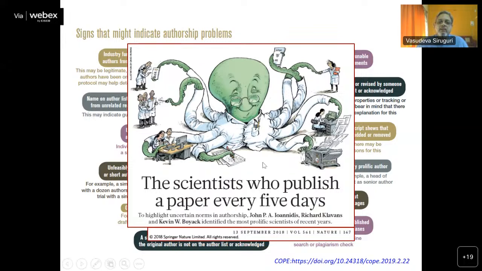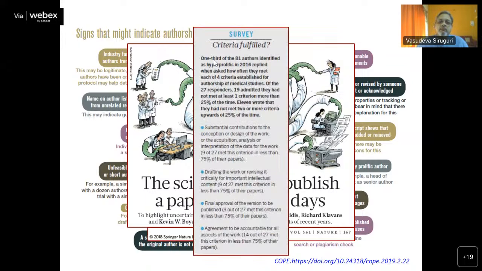They did some more research on this and found that 1/3 of 81 authors were identified as hyperprolific, and they replied when asked how often they met the 4 criteria established by ICMJE. Out of 27 responders, 19 admitted that they had not met at least one criterion for authorship more than 25% of the time. And 11 wrote that they had not met 2 or more criteria upwards of 25% of the time. So you can see how these prolific authors can come about.